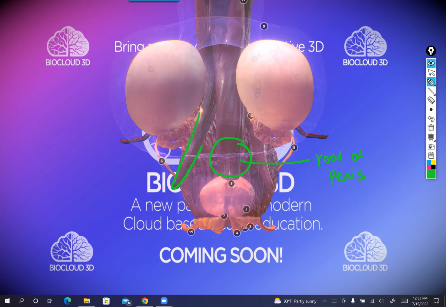And then we've got 1, 2 crura of the corpora cavernosa. Crus means leg. So it's just the little legs of the corpora cavernosa, which actually do kind of look like legs here. So that makes sense. Okay. So that's that stuff.